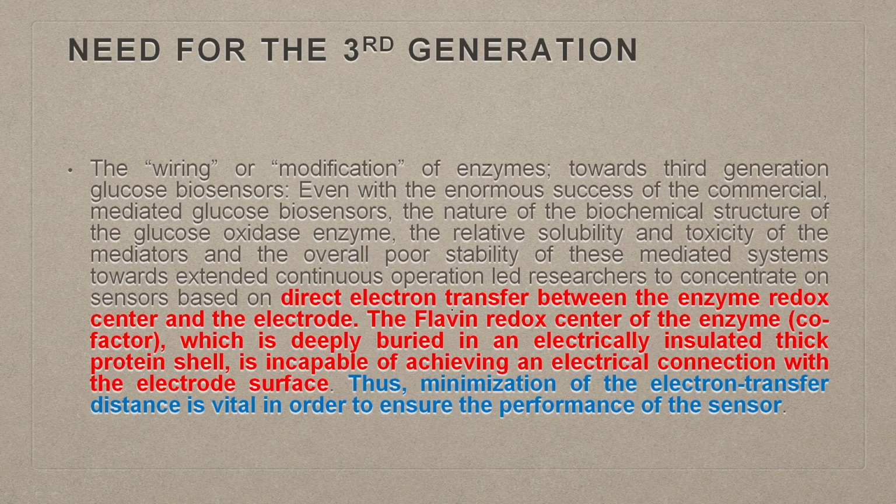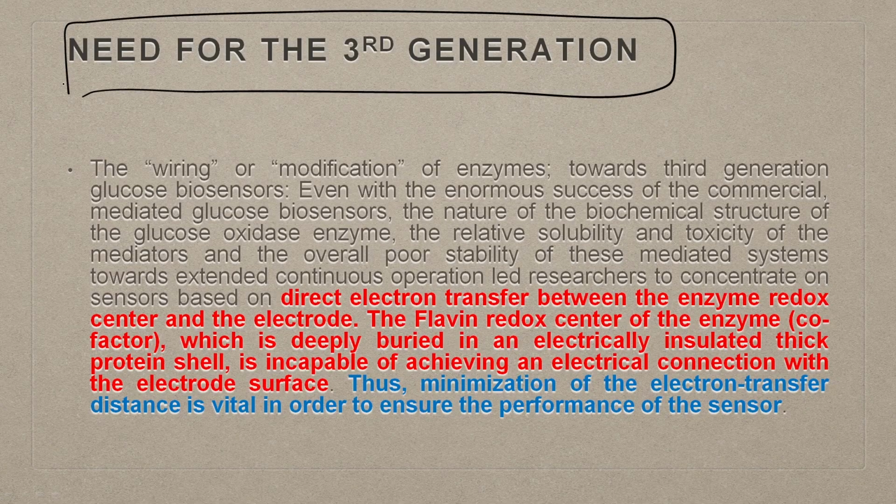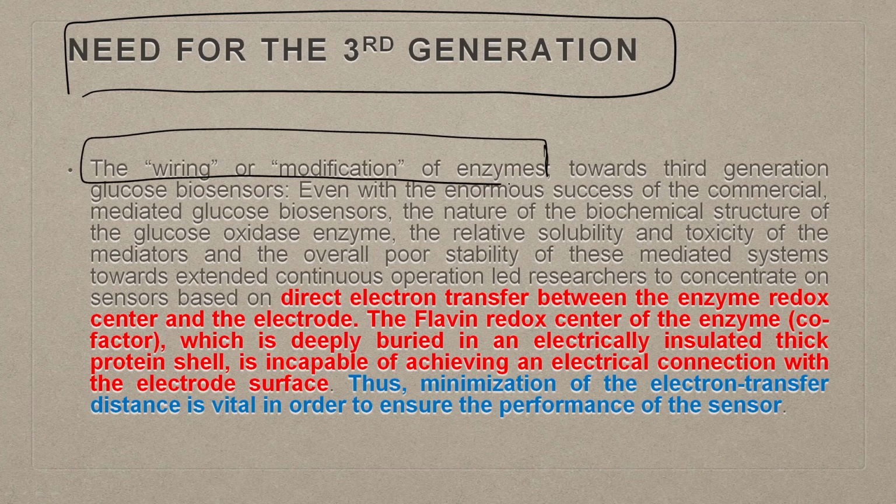Now, this brings us to a point. This lasted for a while, but then there was a need for the third generation. And what is that third generation? We will talk about it now. Still, the challenge remained significantly the modification of enzymes. It's a beautiful concept.